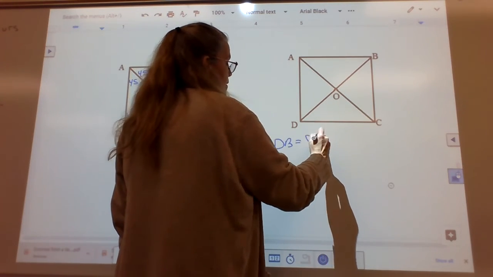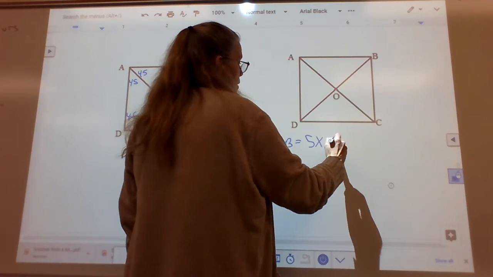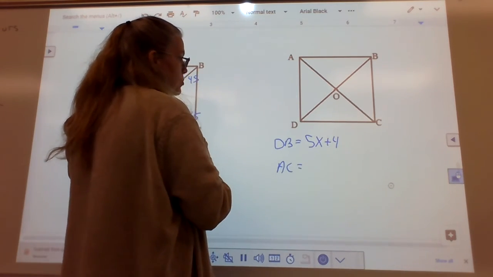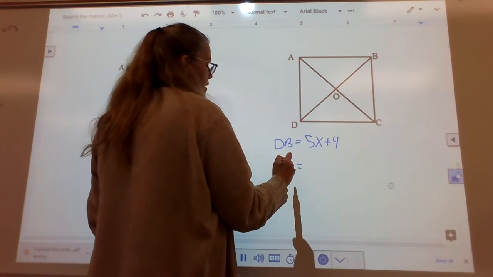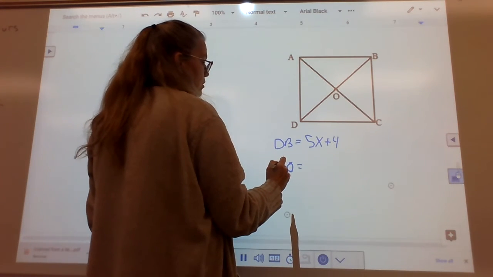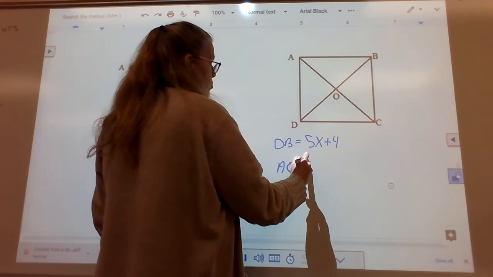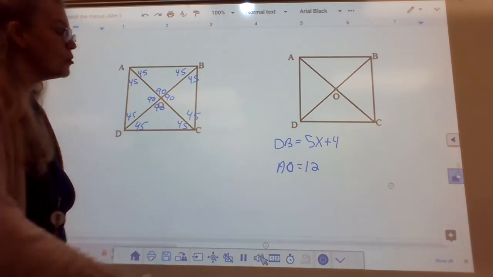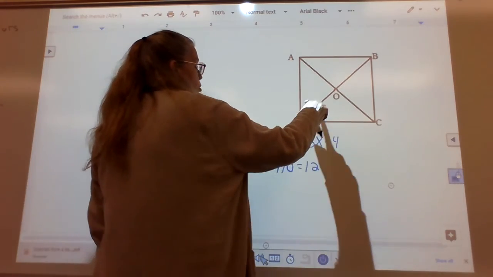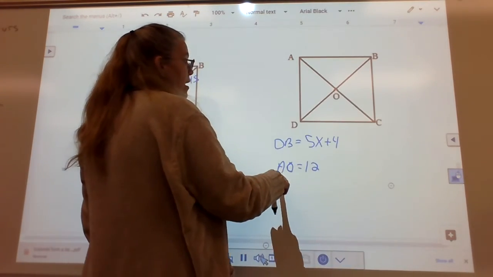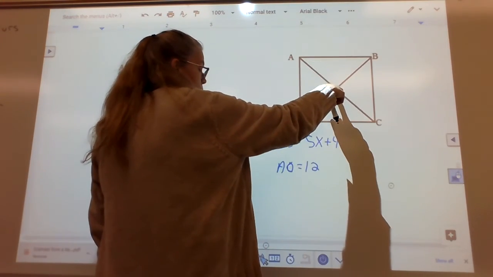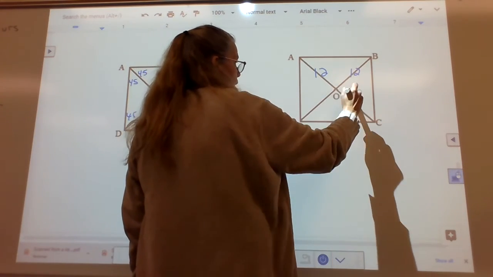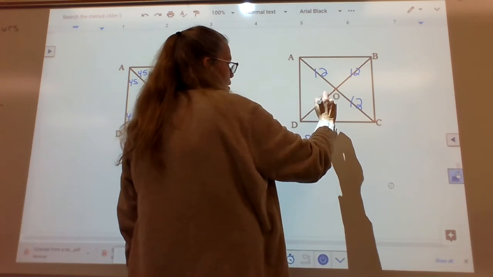equals 5x plus 4. Let's say AO equals 12. Well, notice DB is corner to corner. AO is corner to middle. So this is 12, this is 12, this is 12, this is 12.